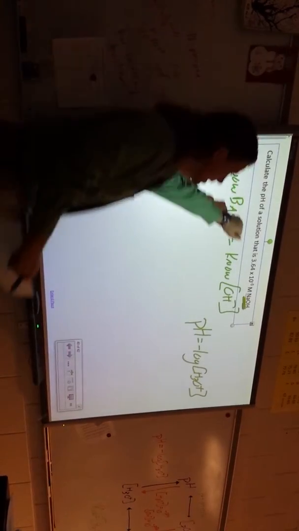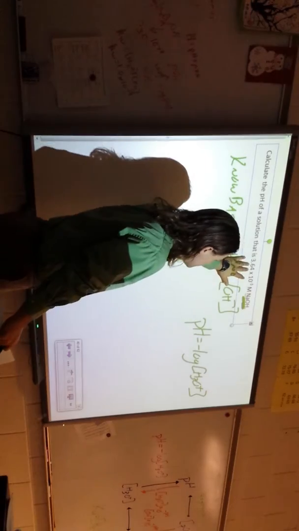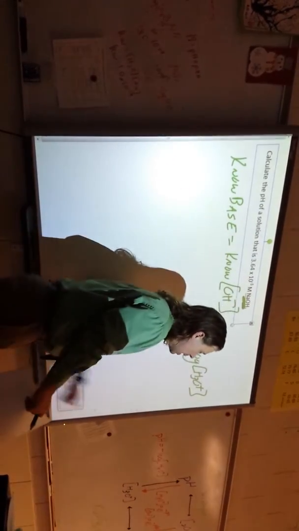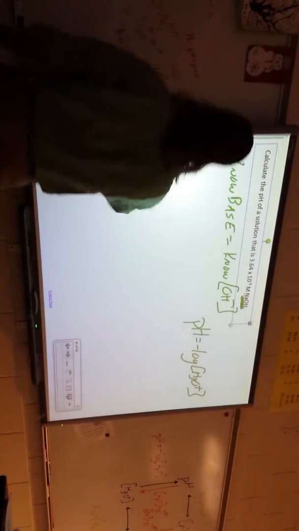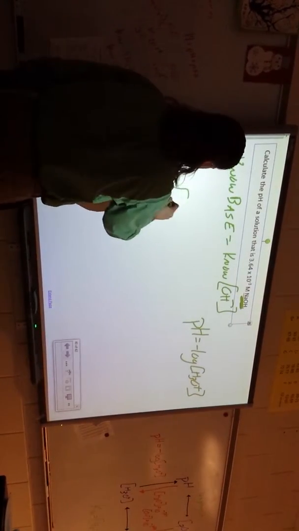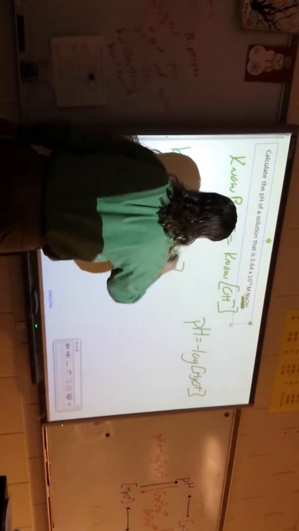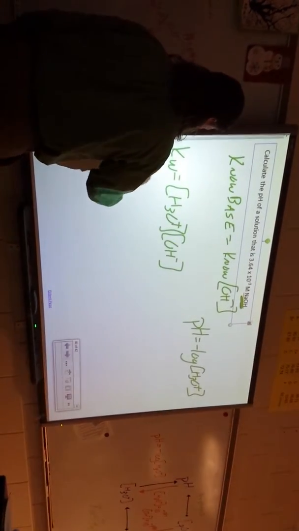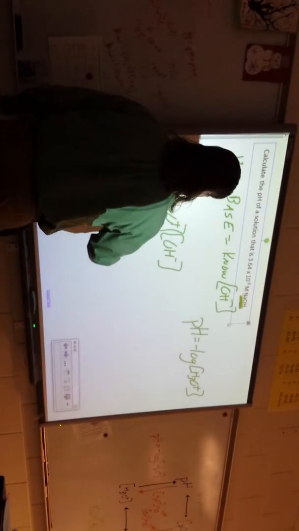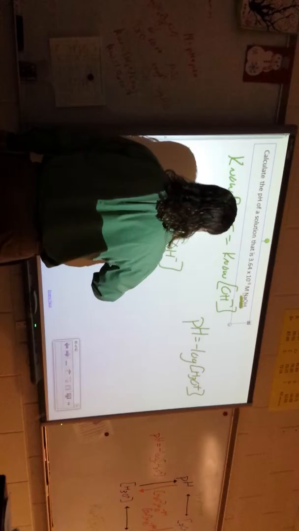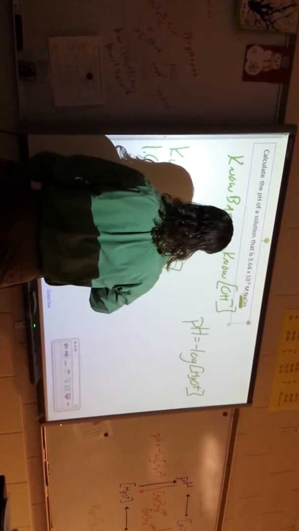So I cannot take this value and just stick it into here. I have to change this value into H3O+, and the way to do that is to use the Kw formula. So Kw is equal to H3O+ times OH minus. Kw's value is always 1.0 times 10 to the minus 14. H3O+ is what we're trying to find. OH minus is this value right here.